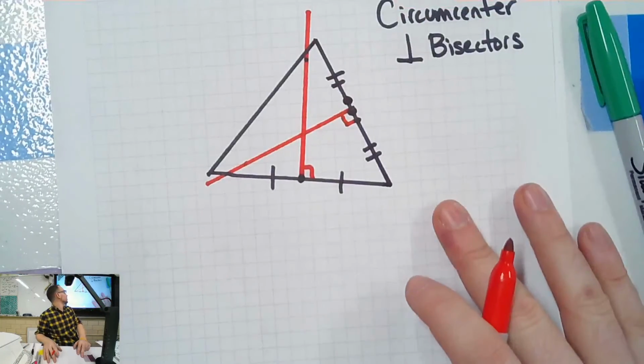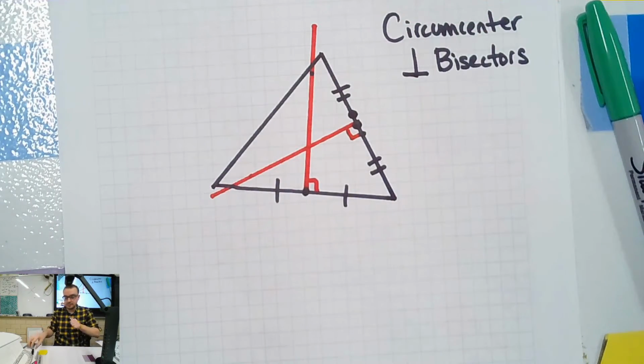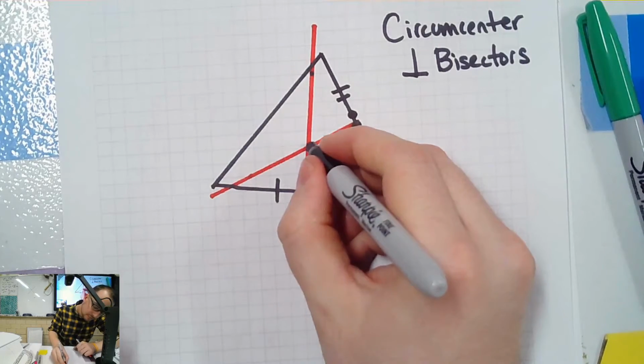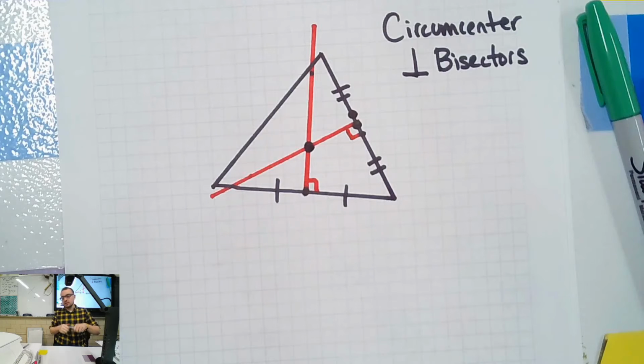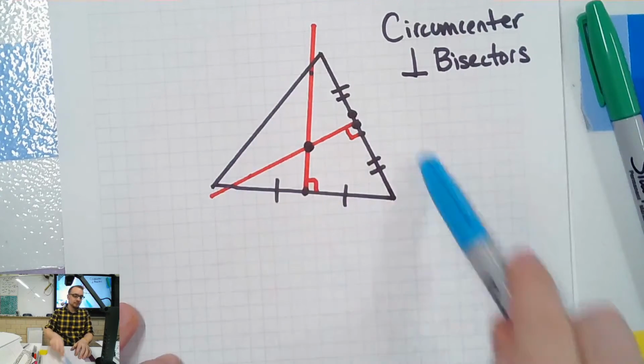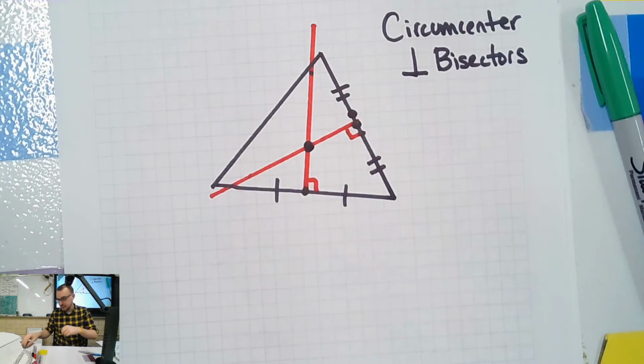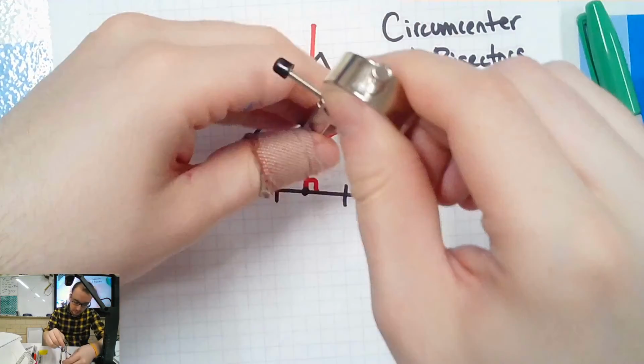I could draw the third one, but why? I already know where my center is. It's right here. This is a circumcenter. Circum means to go around, so there's a circle that goes all the way around this triangle. It hits every single vertex. So let me see if I can find my compass. This one should be a little bit easier to make.